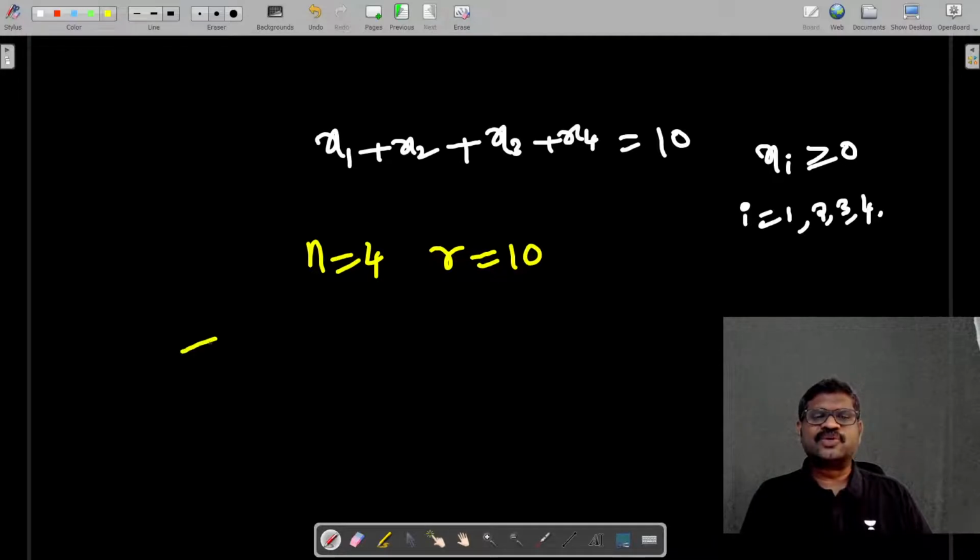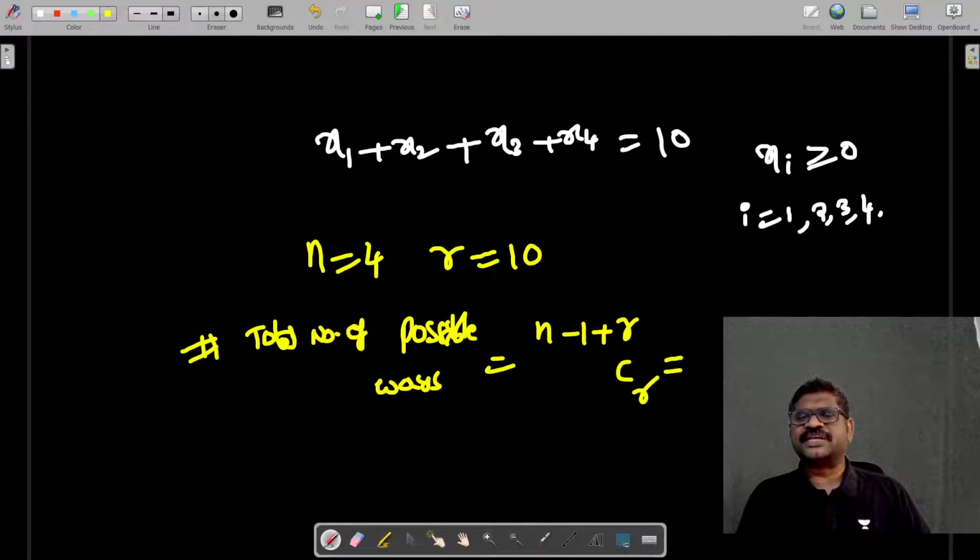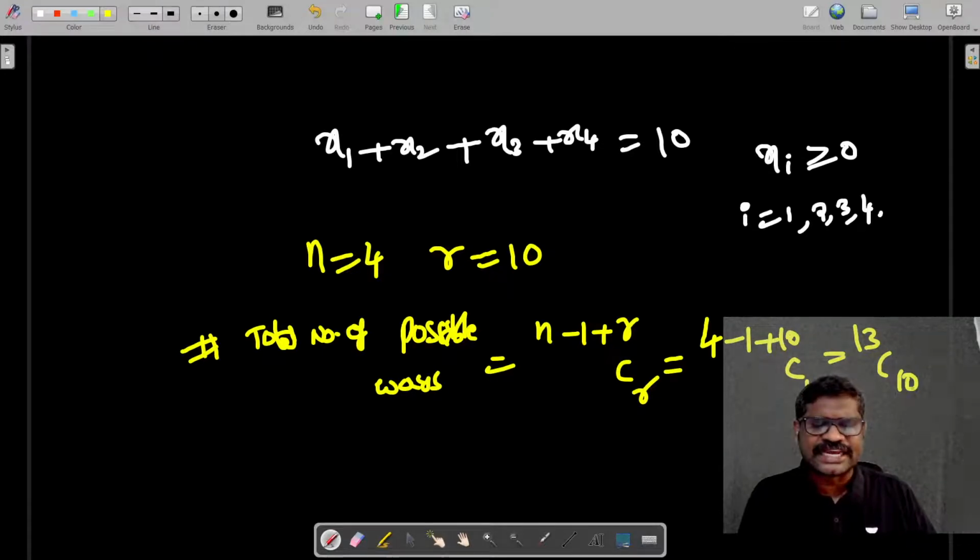Therefore, the total number of possible ways equal to n minus 1 plus r C r, that is 4 minus 1 plus 10 C 10, that is 13 C 10.